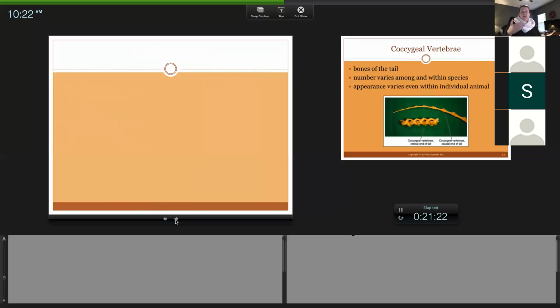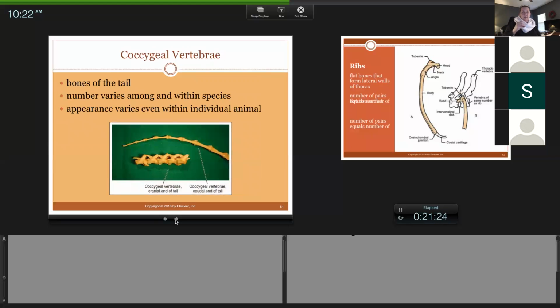So the sacroiliac joint is where the sacrum attaches to the ilium, which is a bone of the pelvis. Now, the bones of the tail, like I said, vary in their appearance and in number. That's why I don't have you necessarily know the range. It's going to be somewhere between 15 and 23, or 17 to 21.